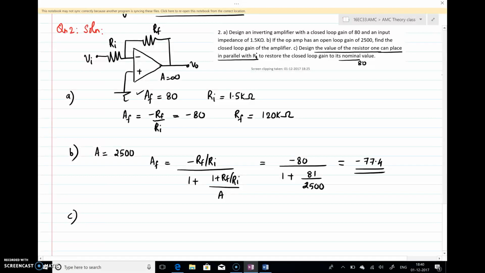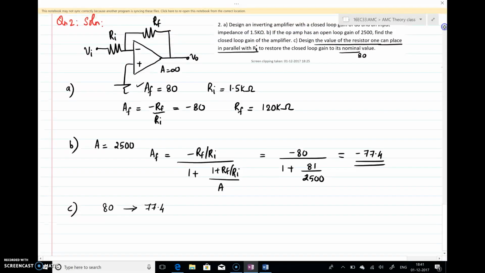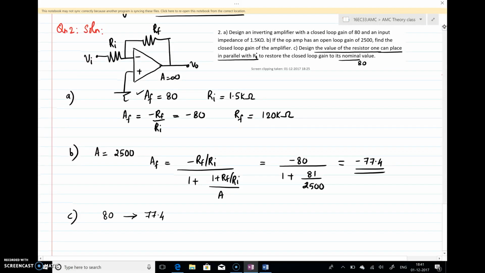Because of the finite open loop gain, the gain has decreased from 80 to 77.4. In order to restore it to 80, you should find the resistor value which I can place in parallel to Ri.